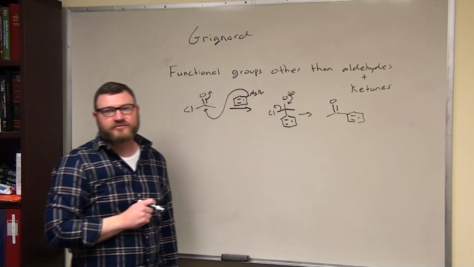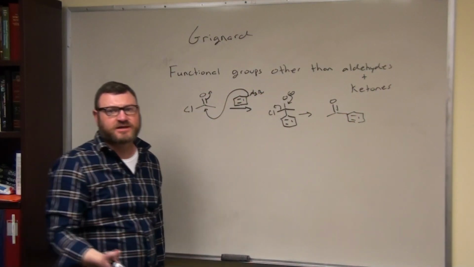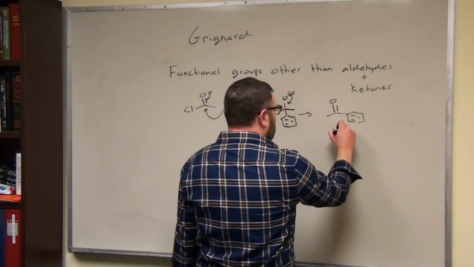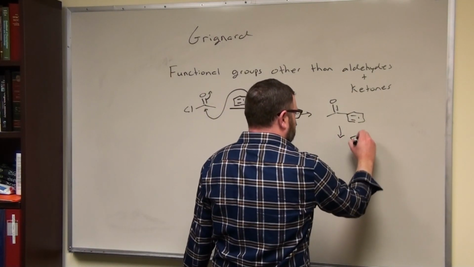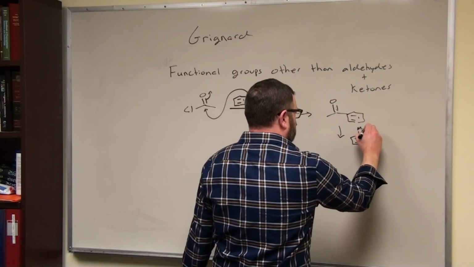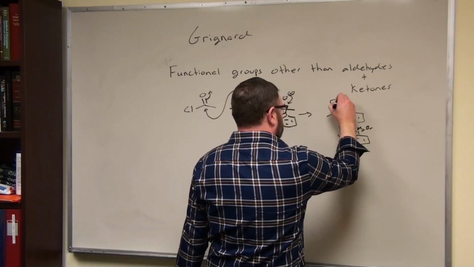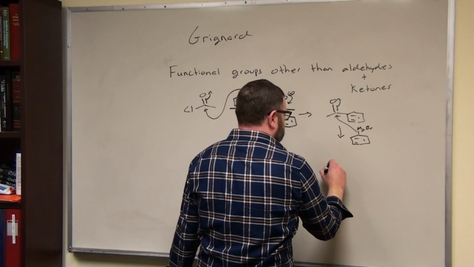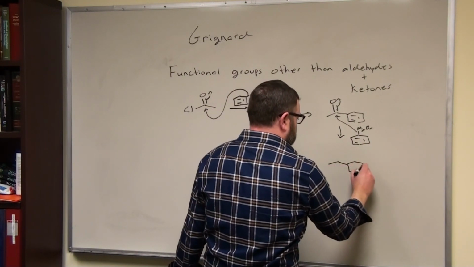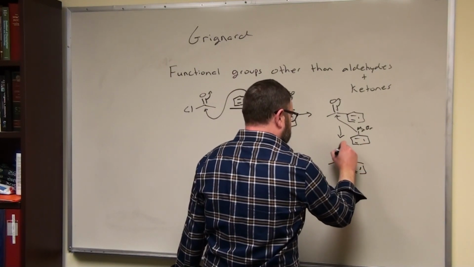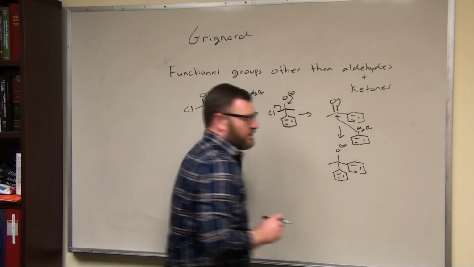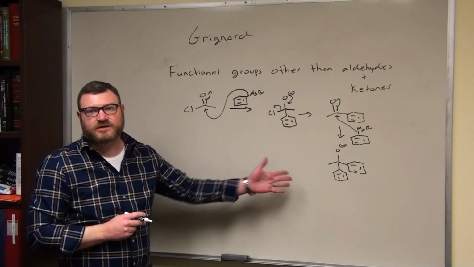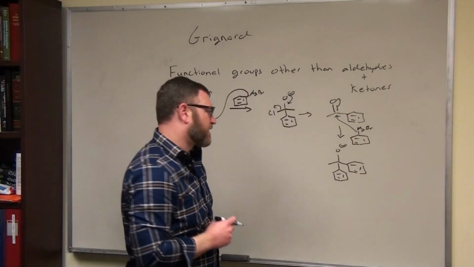And so now I have this, and so again the Grignard reagent can come back in and attack one more time. Like so, right? And then this can get protonated to give us our final product.